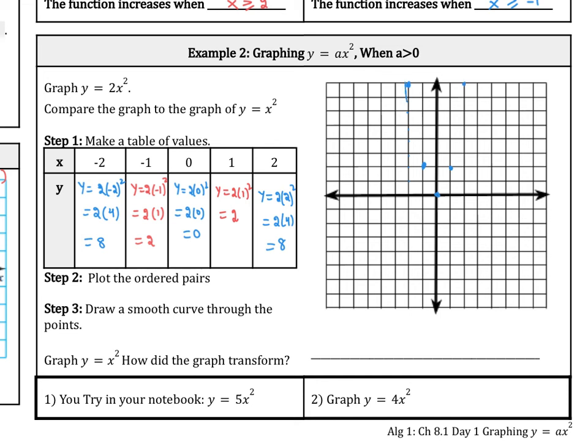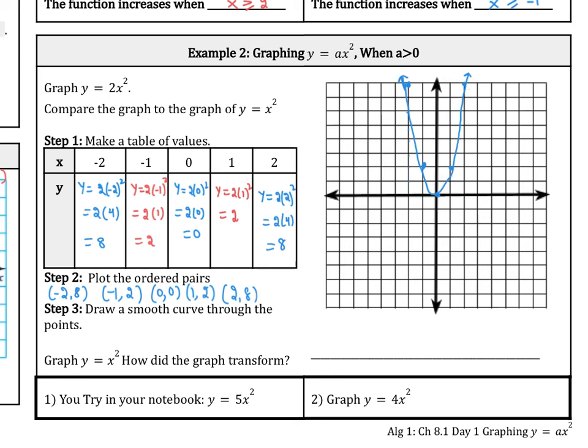Now we're going to make a smooth graph out of these points. So join these points and get a smooth graph. The plotting points were -2 comma 8, which is this one, -1 comma 2, 0 comma 0, 1 comma 2, and then 2 comma 8. And then you get a graph that is this graph right here.